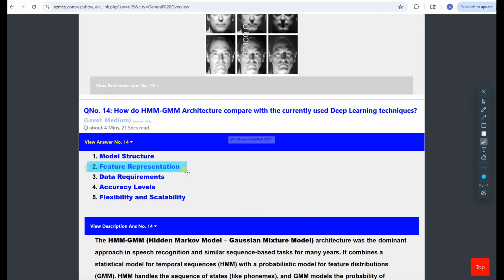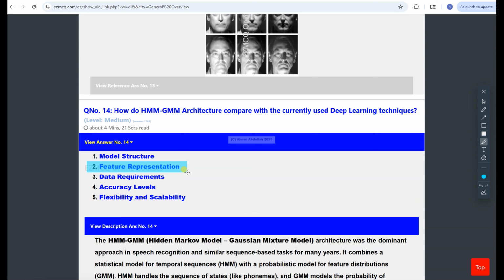As opposed to them, deep learning techniques learn feature representations automatically from raw data. There's no human in the loop, so it's very fast. And that enables more nuanced and discriminative features to be identified that adapt better to complex data variations. Such features may not be visible to humans. So there's no comparison.